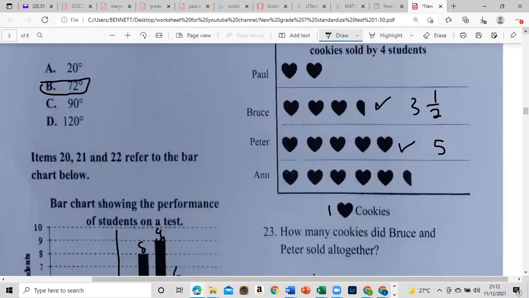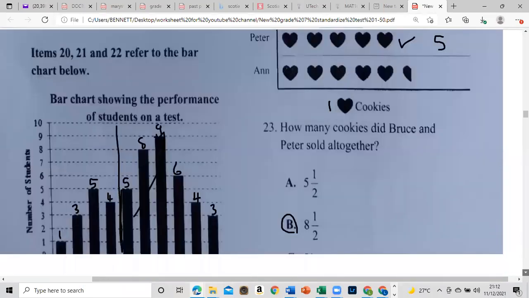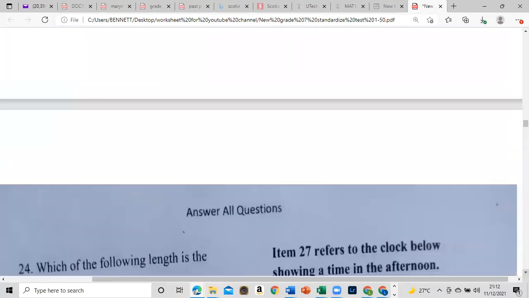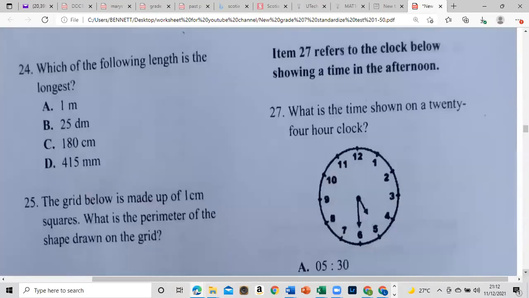Why they never do that? It only says pictograph showing the number of cookies sold by 4 students. They didn't give a key, but I used the knowledge. For the younger ones, sometimes it can be very challenging, and they need to take that into consideration.